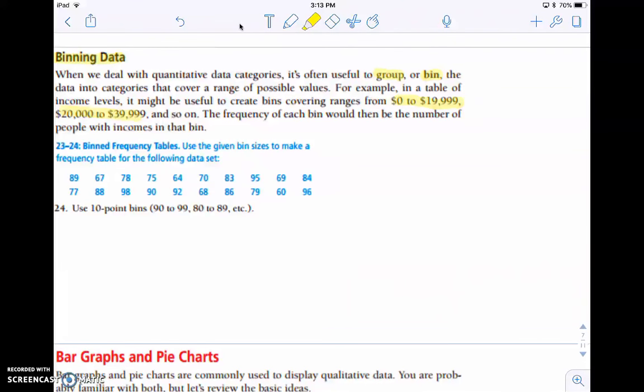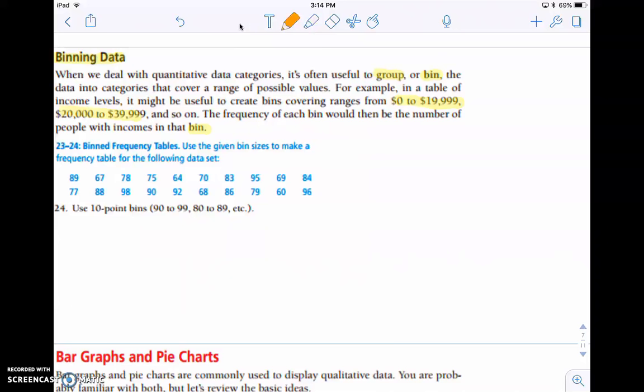You can group them into what we call classes or bins. And then the frequency of each bin would be the number of people whose incomes would fall into that bin or category. To be consistent, bin or class.